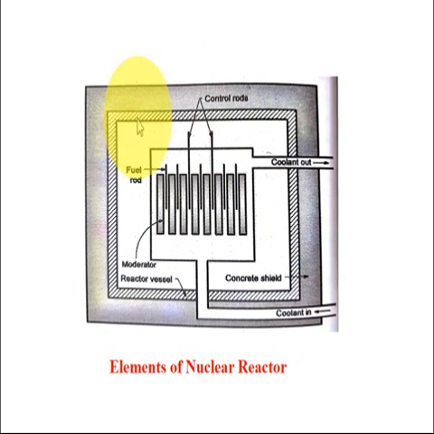Then this reactor vessel is covered by concrete sheet for safety purposes, so that radiation will not escape to the atmosphere. So this is the typical arrangement of a nuclear reactor used in a power plant.